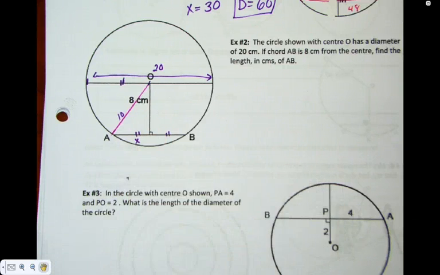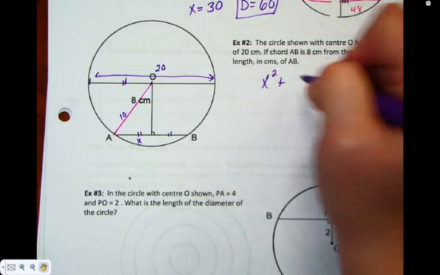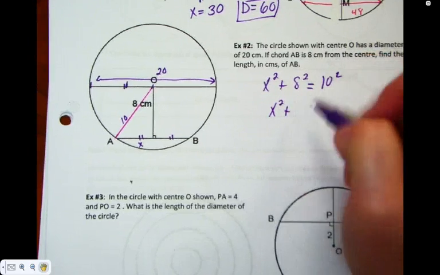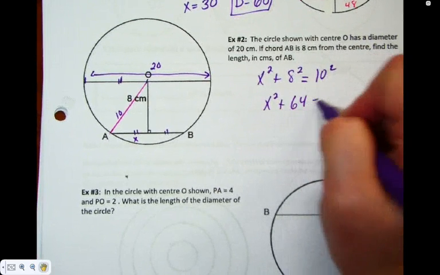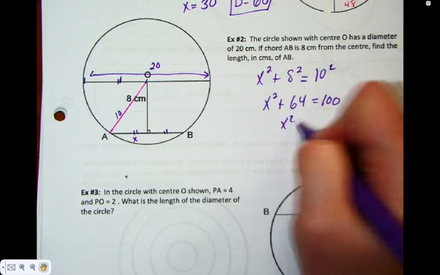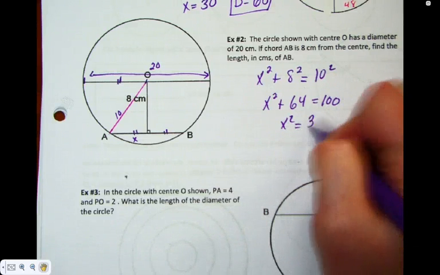It has to be opposite the right angle. So I know that x squared plus 8 squared has to equal 10 squared. So x squared plus 64 equals 100. Confirm 64 and 100. X squared equals 36.